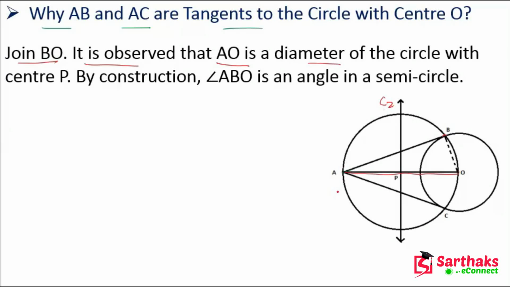So by this construction, angle ABO is an angle in a semicircle. I hope you get this point.